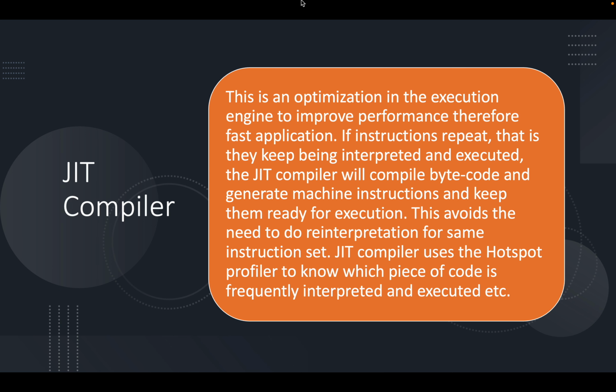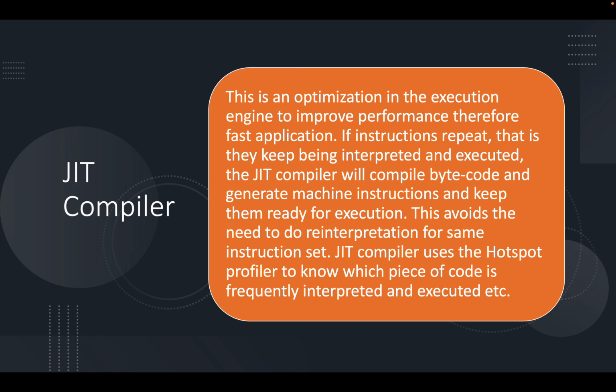Then we have the JIT Compiler. This is an optimization in the execution engine to improve performance, so that we can have an application that is fast. You find that there are situations where instruction sets repeat, and if they repeat, it is pointless to always do reinterpretation for them.